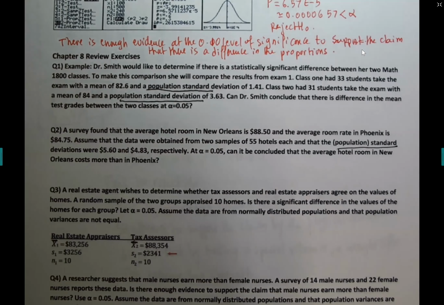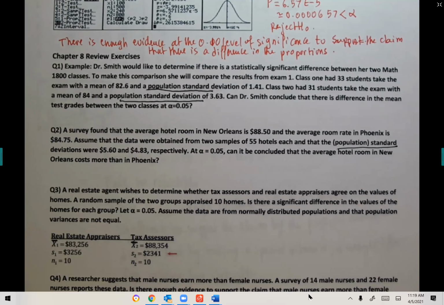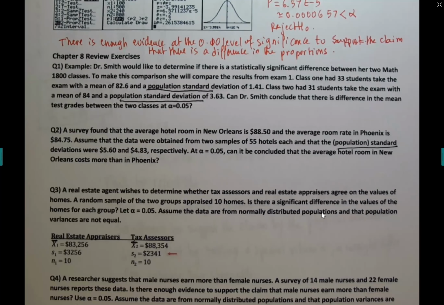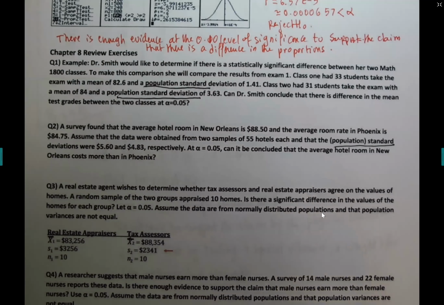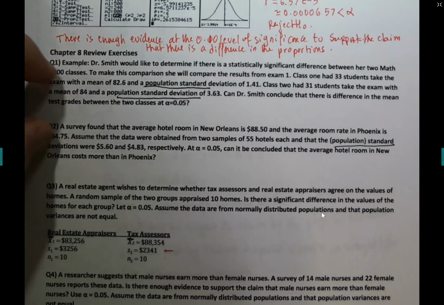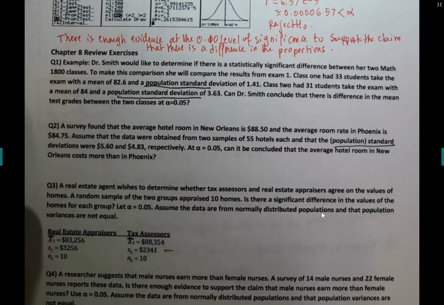Okay, let's go to question 3. Real estate. So these for section 8.1, the first 2 questions. I think these 2 for section 8.2. A real estate agent wishes to determine whether tax assessors and real estate appraisers agree on the value of a home.